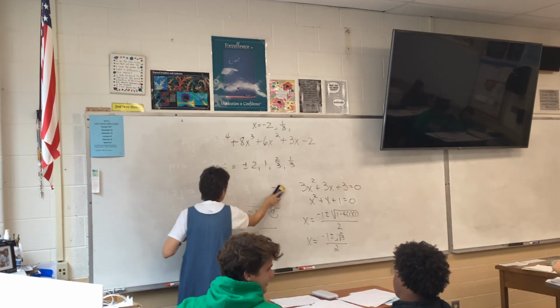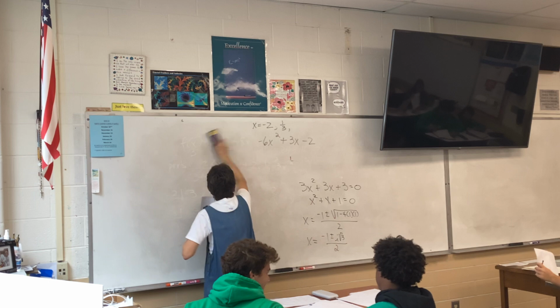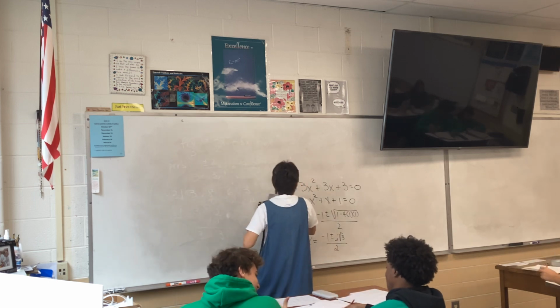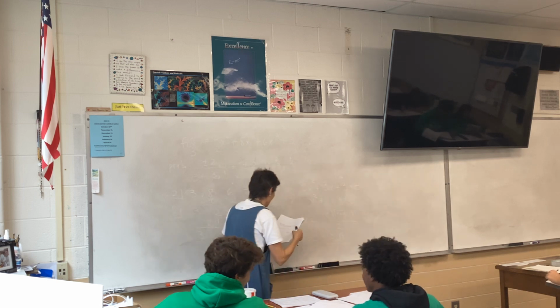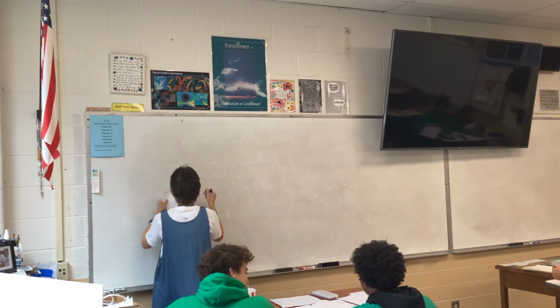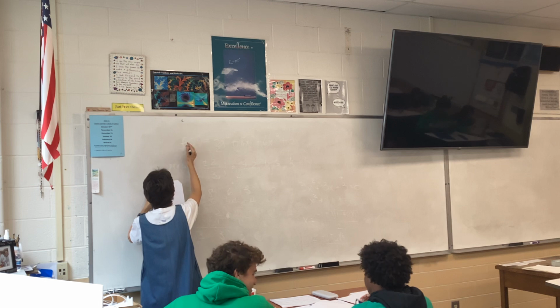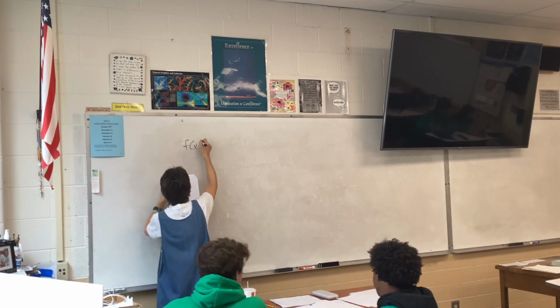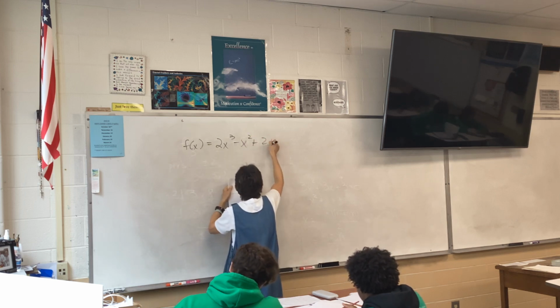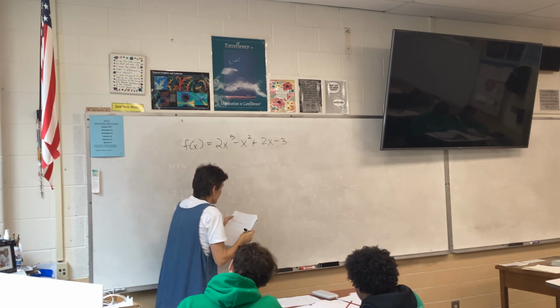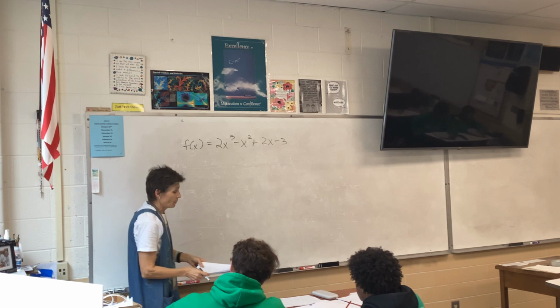All right, so now we go to number 6. Same directions. Solve. A couple more to go after this one, so here's our thing. And we have to find all the zeros.